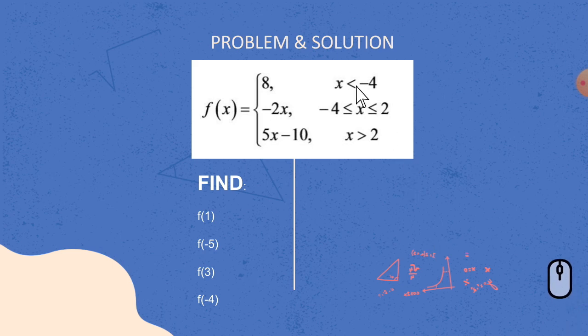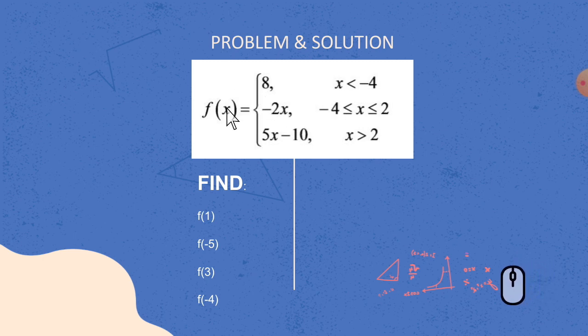So like for example, we have a problem and solution. So we have a piecewise function. So this is an illustration of a piecewise function. So sabi natin kanina from the word piece, it is many functions. So we have three functions here. The f of x is equal to 8 if x is less than -4.